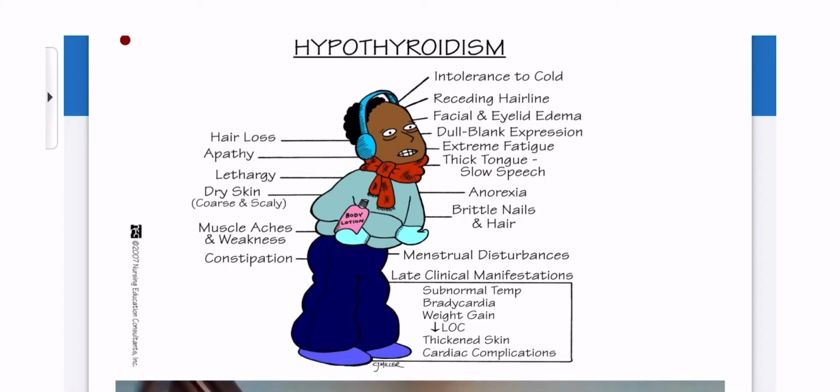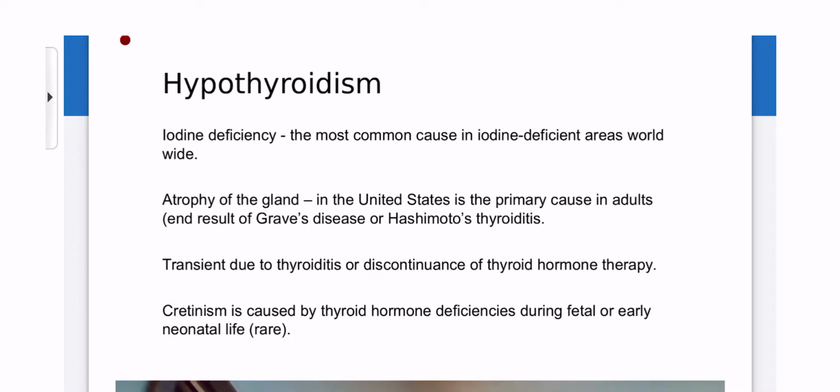They're bradycardic. They're heavy, and they have decreased level of consciousness. Thickened skin. This has been going on for a while. And cardiac complications. You know, the bradycardia. Can't have too much of that. So just the opposite of hyperthyroidism.